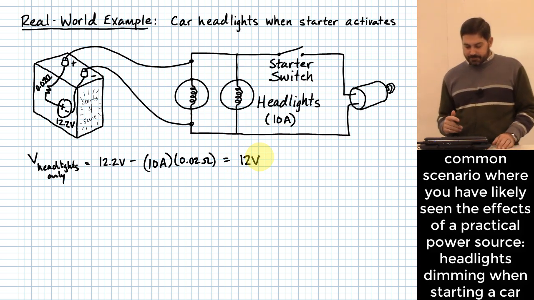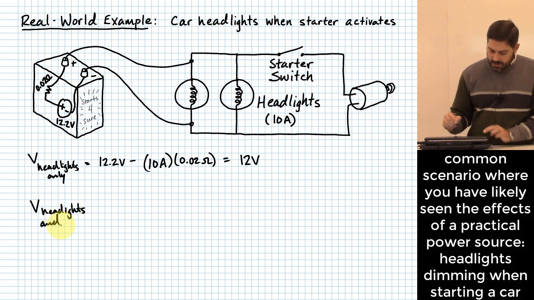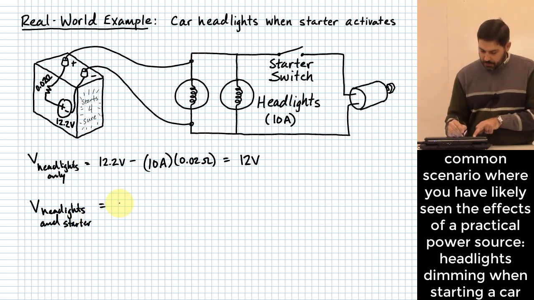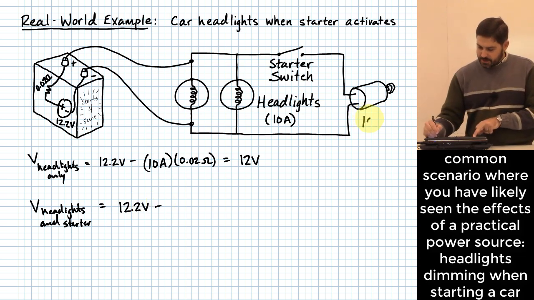You're still happy. What about now the voltage that you see with the headlights and the starter? Okay, 12.2 volts minus what? Let's say this was 150 amps once that switch closes, right?